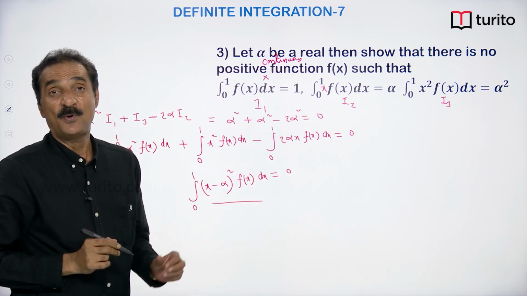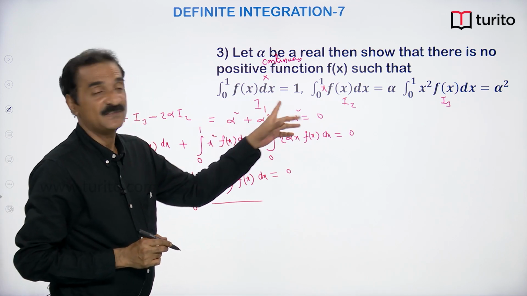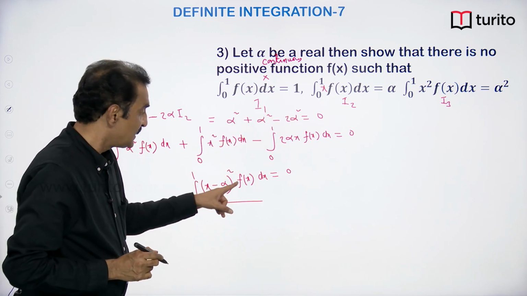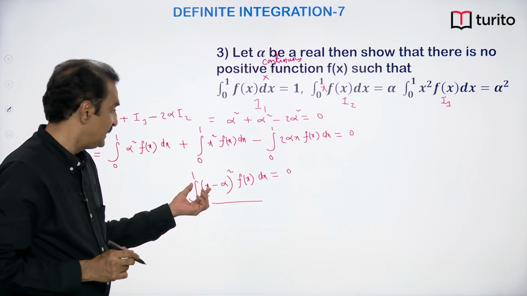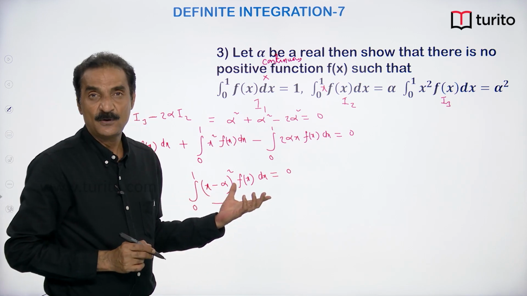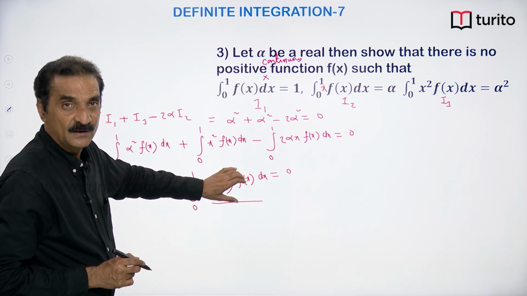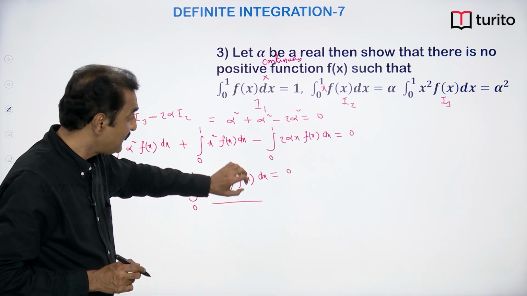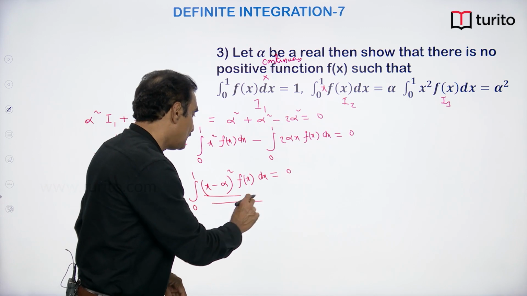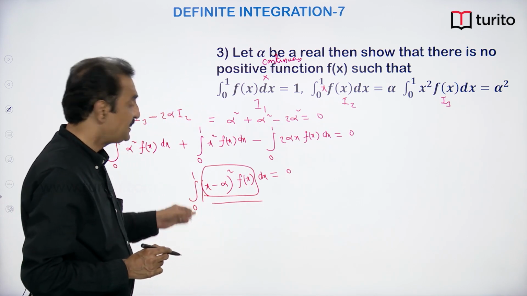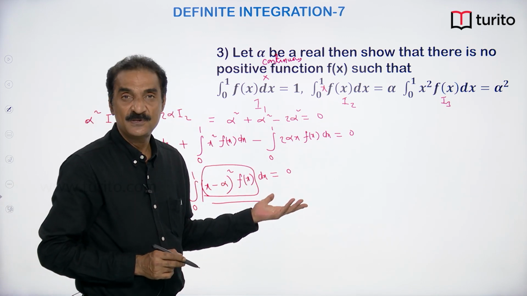Show that there is no positive continuous function f of x such that, suppose f of x is continuous and we know that x minus alpha whole square is continuous. Then this is a continuous function. Suppose if f of x is positive, then this whole function is positive. Integral 0 to 1 f of x dx cannot be 0.